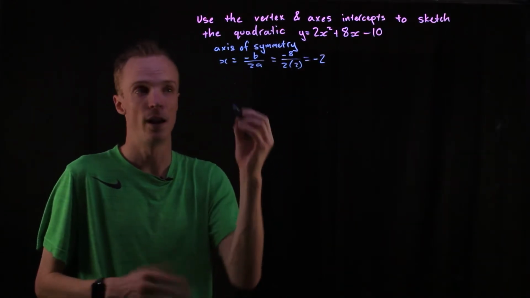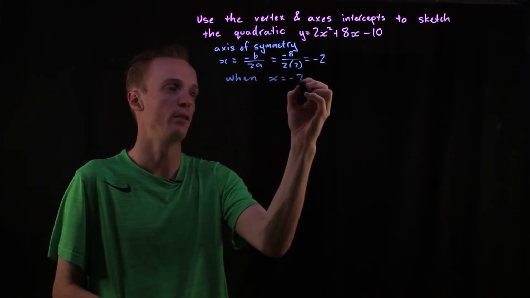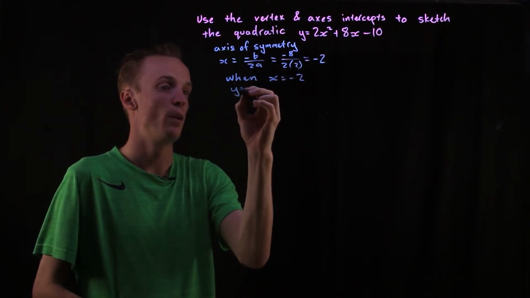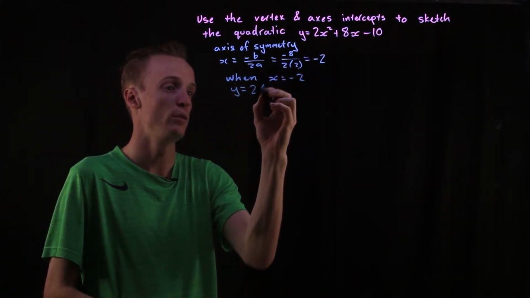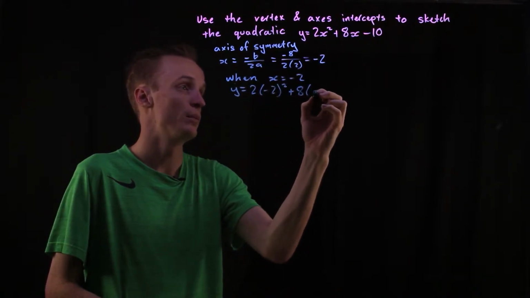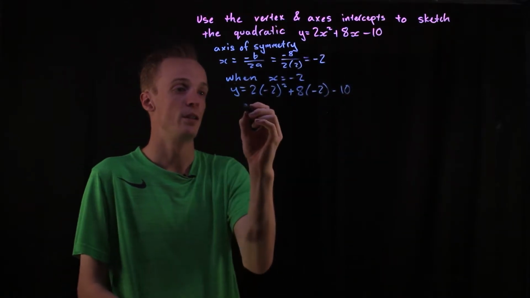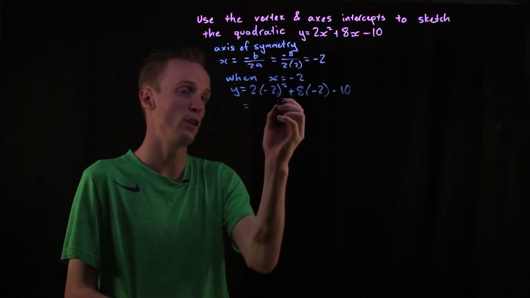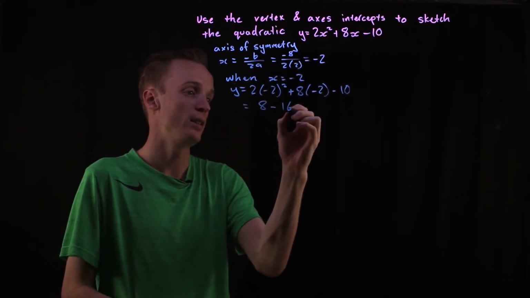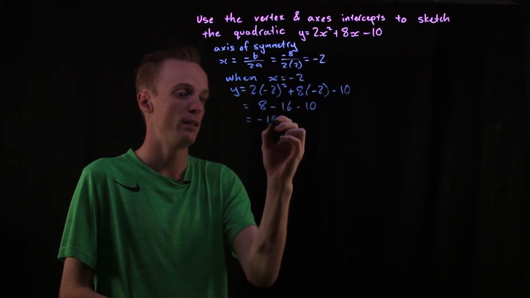So to find the y, we want to look for it when our x is equal to negative 2. So substitute negative 2 back into this. So our y is equal to 2 times negative 2 all squared plus 8 times negative 2, take 10. So simplifying this, 2 times 4 will be 8, take 16, take 10, negative 8, negative 18.